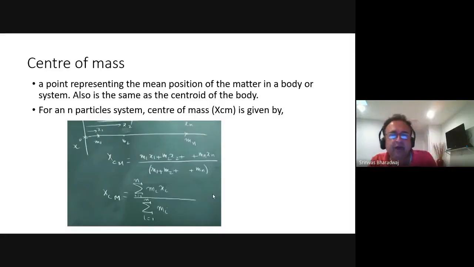So sigma mi xi by sigma mi will give you the center of mass, and sigma mi gi xi divided by sigma mi gi will give you the center of gravity. I'm just giving you a distinction that it matters only when there is non-uniform gravity. Most often there's uniform gravity, and therefore center of mass is used.